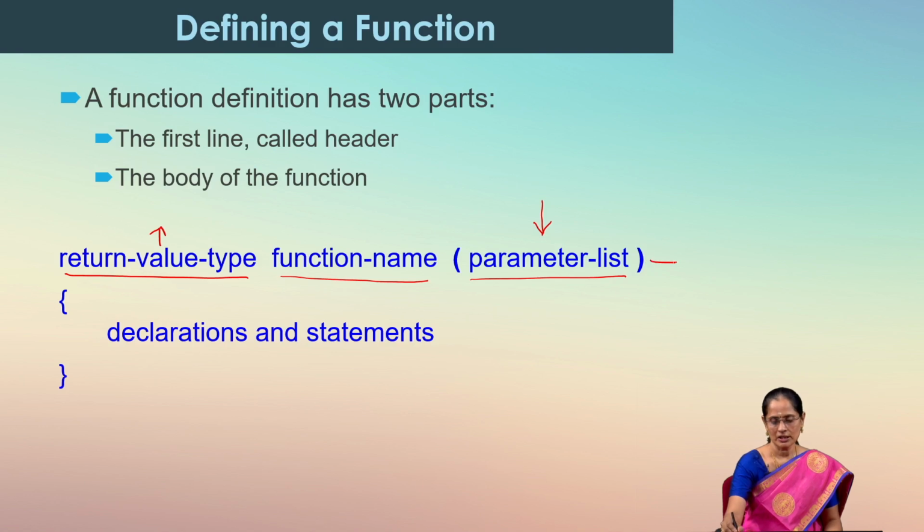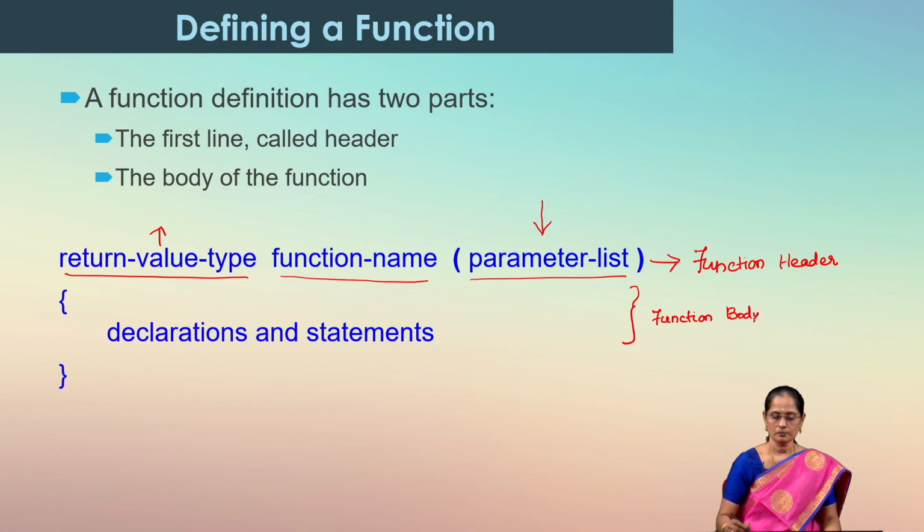So, the first statement of the function is called the function header. The task which is to be executed we would be giving inside the curly braces, so that we will call it the function body, or body of the function, right. Here we will now learn about arguments in detail.